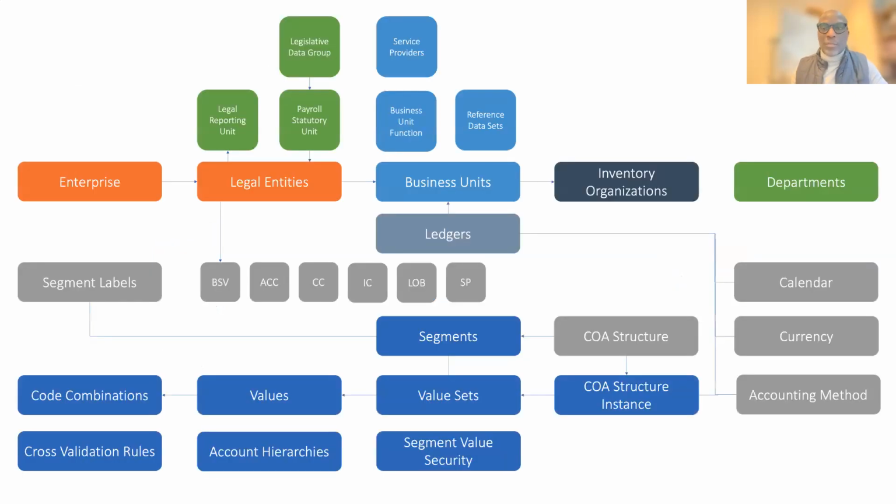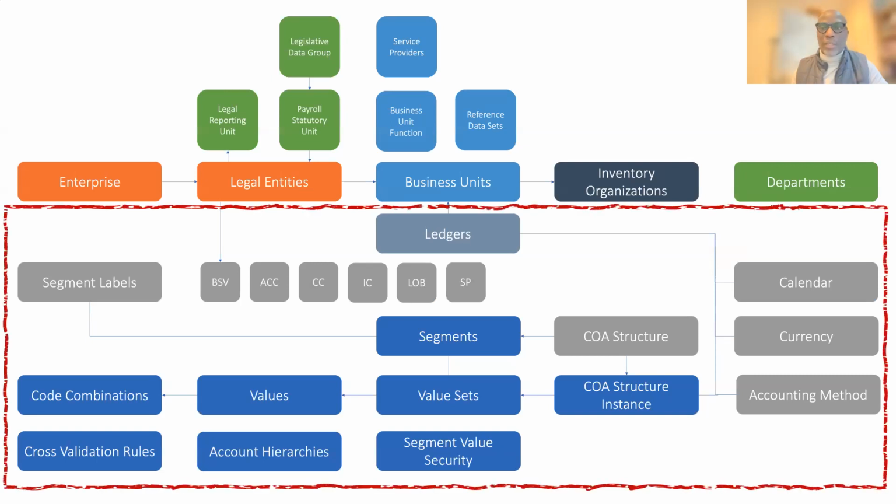So just a little bit of a throwback to something that we did last week, which was looking at the financial structure. We mentioned that you have a number of segments within your financial structure, and these segments have certain characteristics depending on the values that you have within those segments and the labels that you've put to the segments to identify them.